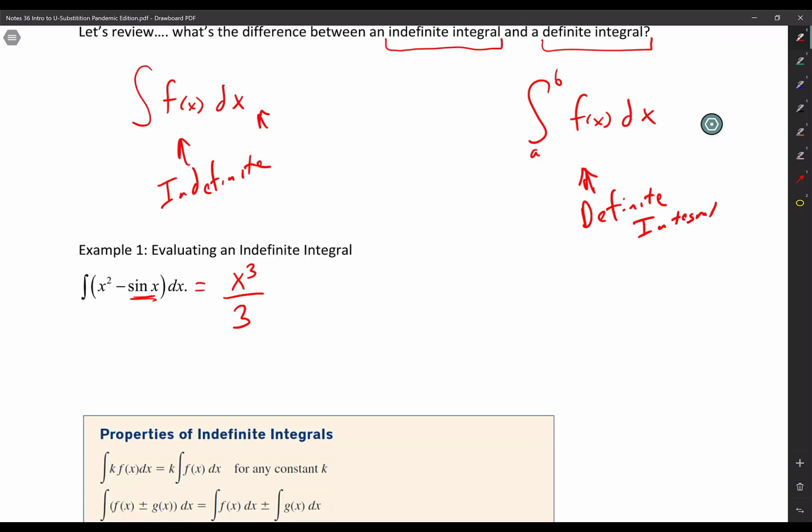Well, the derivative of cosine would have been negative sine. But when you're doing antiderivative, then this is going to have to be, what's negative times a negative? So this is going to have to be positive cosine x. Now, because it is an indefinite integral, I'm not done. If you just leave it like that, you're not going to get full credit. What do I got to do? Plus c. You must add plus c for some constant c.